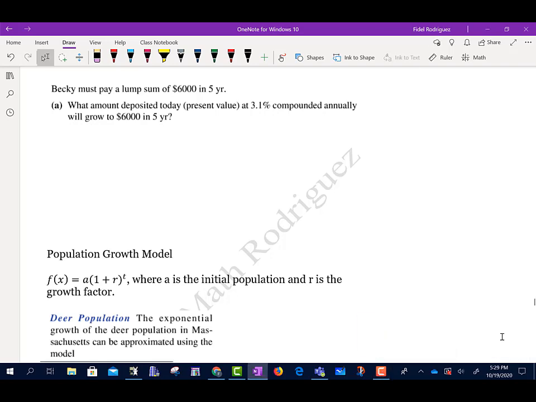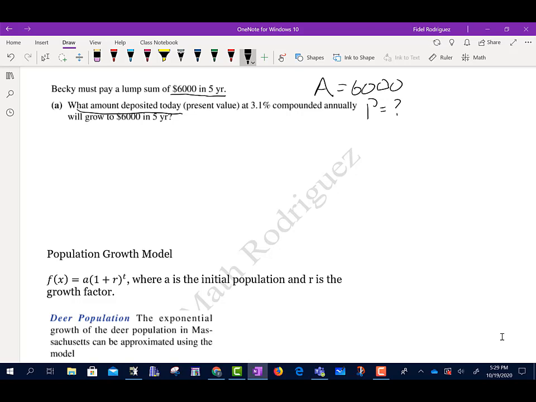Okay, so in this problem here, let's go ahead and start writing in the amounts that we know. Now, it says that she has to pay $6,000 in 5 years. So the amount that she's going to need is actually going to be $6,000. We don't know the principal because that's how much we're trying to figure out, what amount deposited today, the present value. Okay.